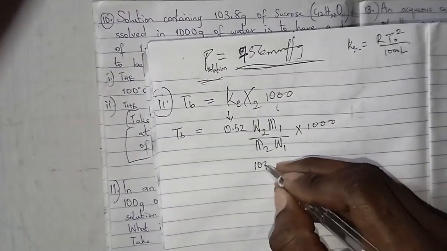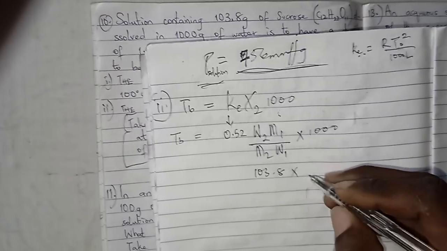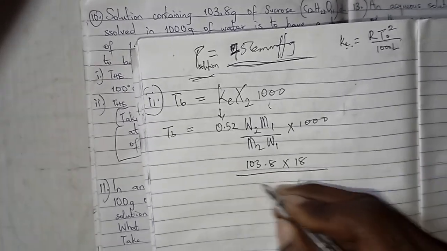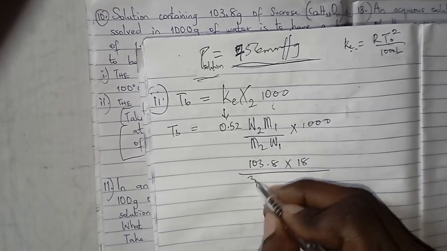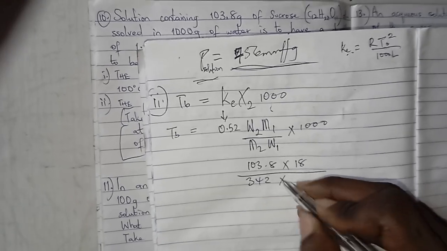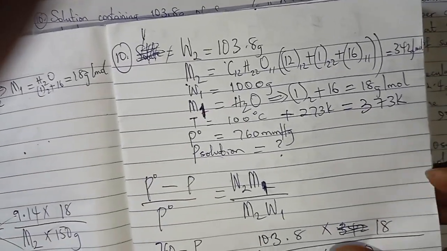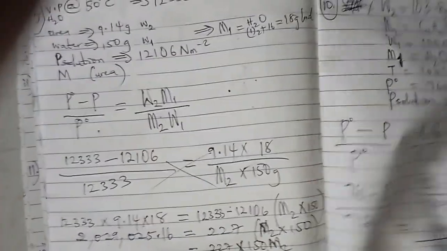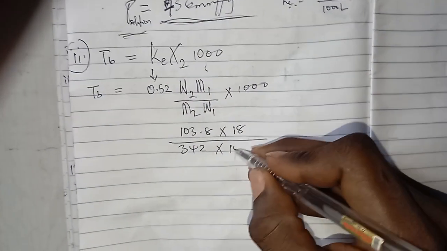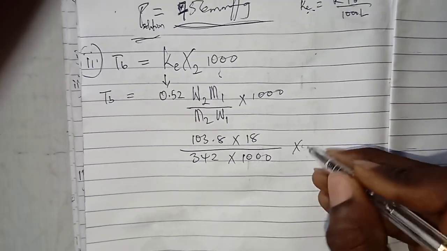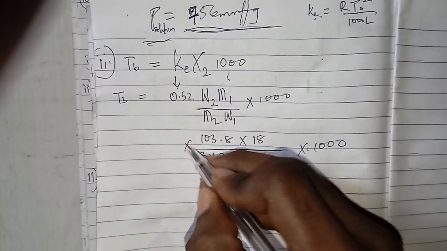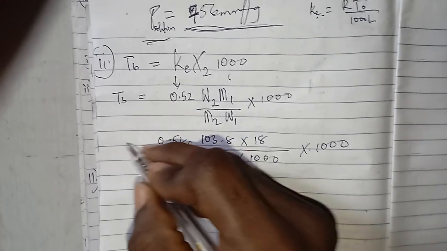So 103.8 times M1, which is 18, all over M2, which is 342, times W1, which is 1000, times 1000, times 0.52.